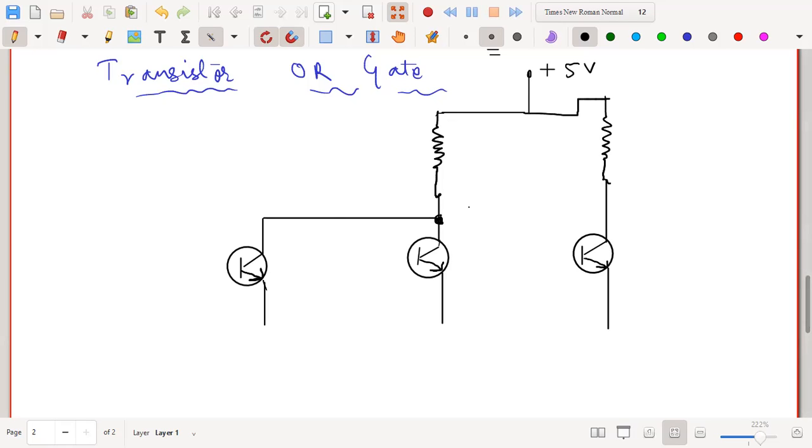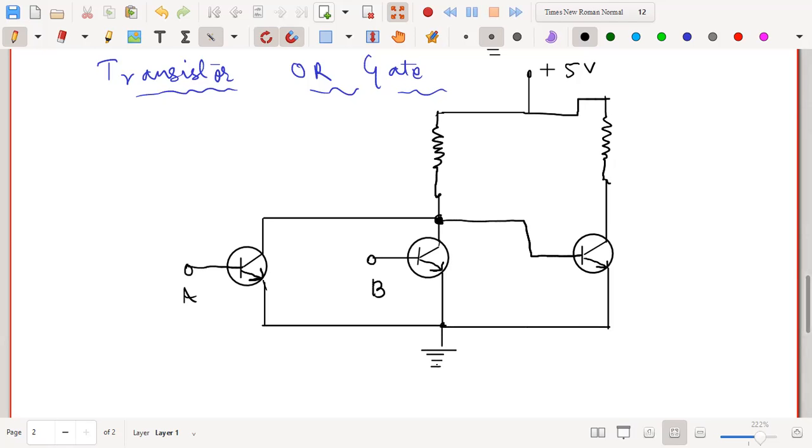This is one connection. And then the output of the second transistor will go as the input to the next one. The base of this we will take as the input B, and the base of this one will take as the input A. So now these are our two inputs A and B, and we'll obtain the output across this terminal.